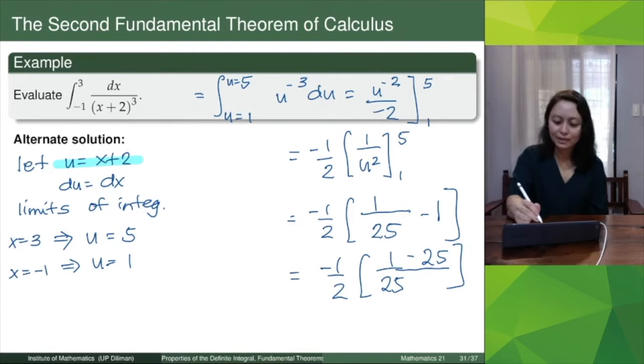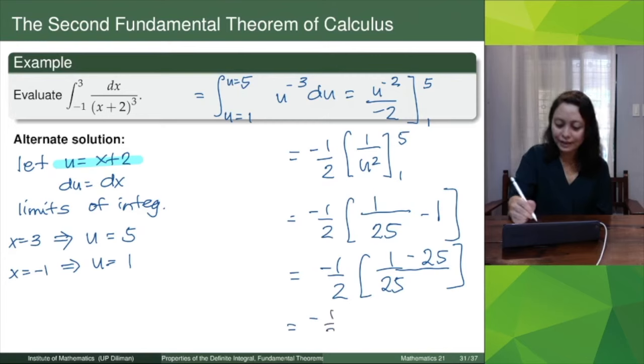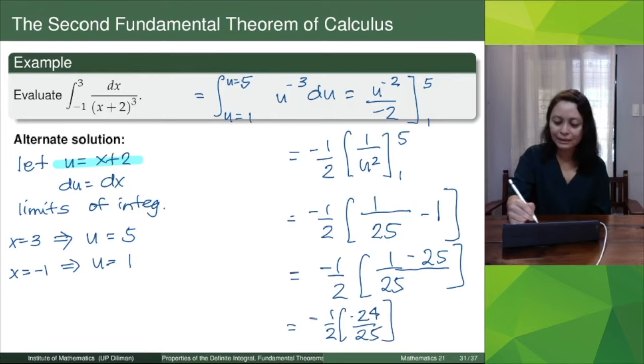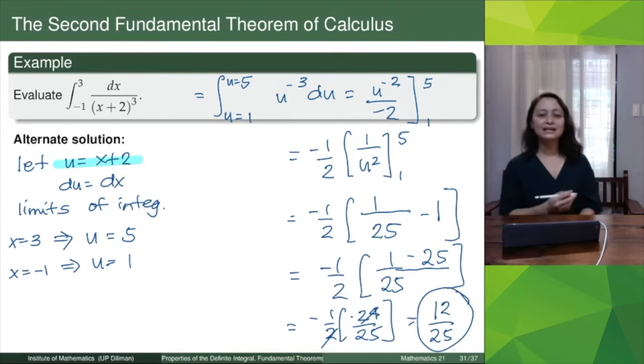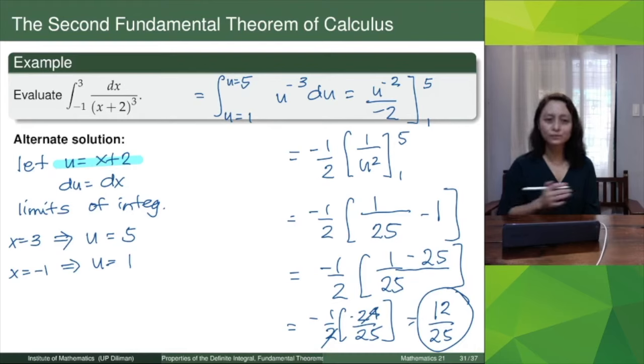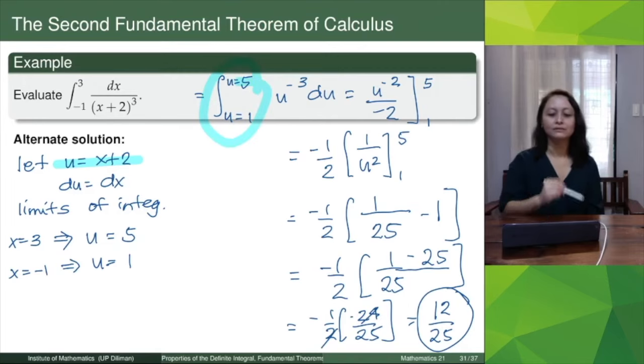Okay, tapos we get negative 1 half times negative 24 over 25. Cancel to, you get positive 12 over 25. Pareho dun sa nakuha nating value dun sa isang method. Okay, or dun sa isang solution. Okay, so you can do this. Wag lang malilito na pag kinonvert nyo na or nagpalit na kayo ng variable from x to u, ayan. Wag nyo na ulit ibalik yung x dito.